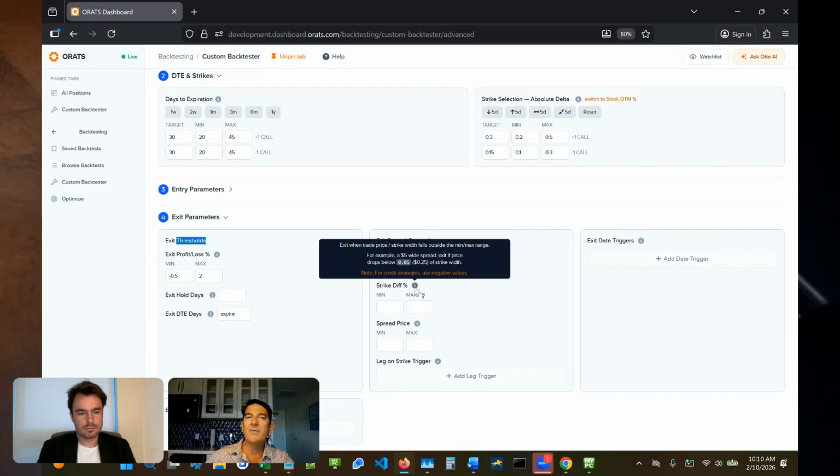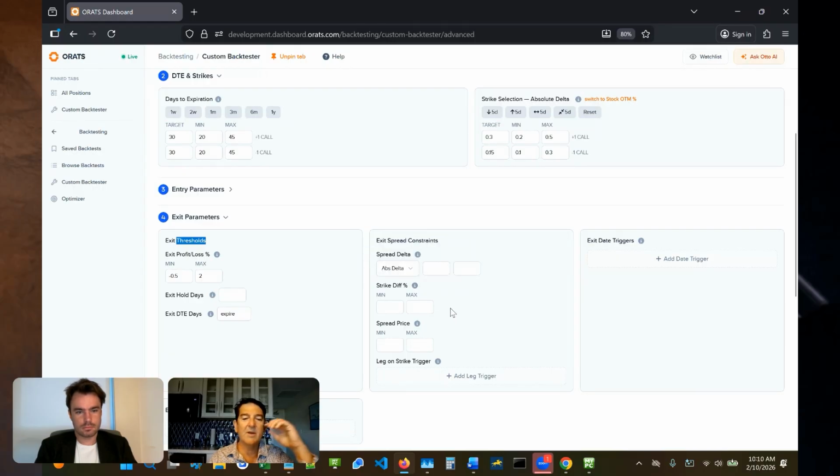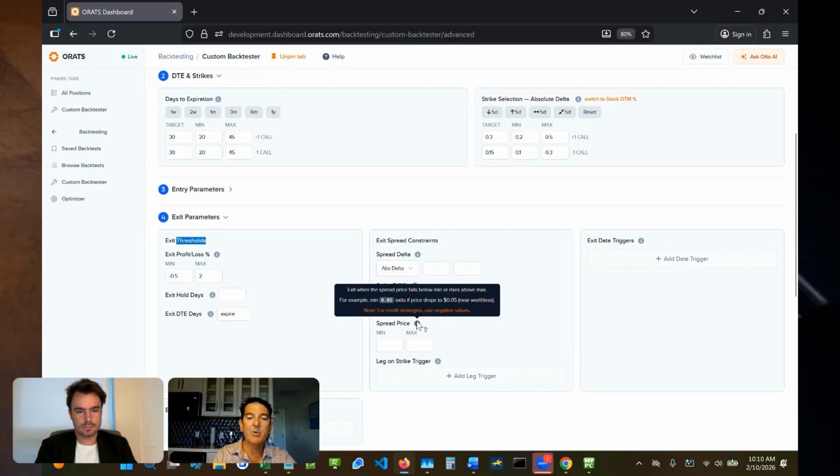If the price of the spread is such, say a $5 wide spread, and there's only 5 cents left, or it drops below 5%, then you might want to get out. That's a little bit more advanced, but that's a good place to start. Or just an absolute spread you could put in here, like 5 cents, get out.